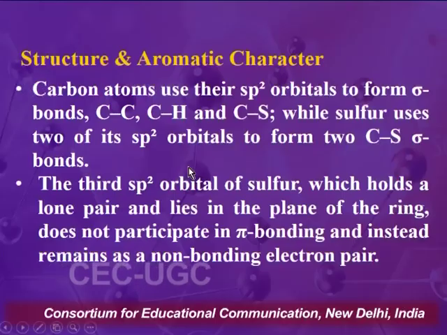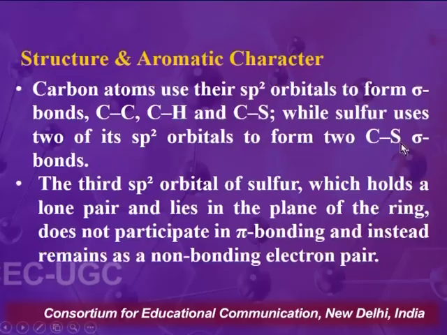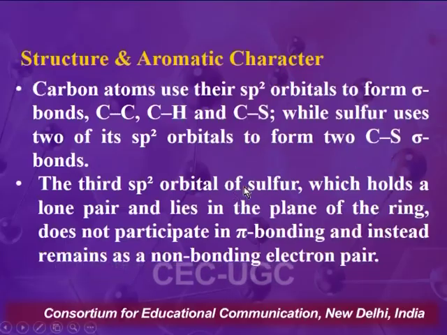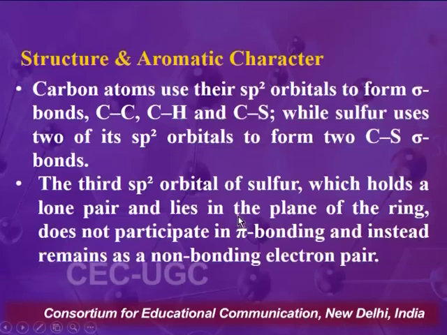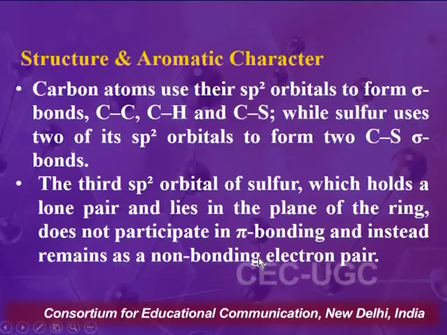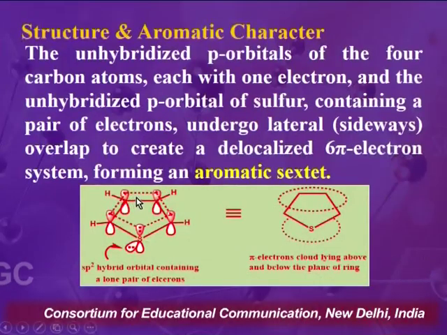While sulfur uses its sp2 orbitals to form 2 sigma bonds, that will be carbon-sulfur bonds, and the third sp2 orbital of sulfur which holds a lone pair of electrons lies in the plane of the ring, which does not participate in pi bonding, and it remains as a non-bonding pair of electrons. So the unhybridized p orbitals of 4 carbon atoms contain 1 electron each.